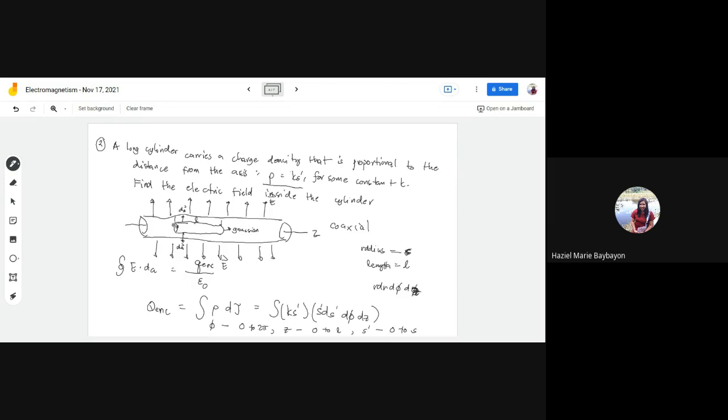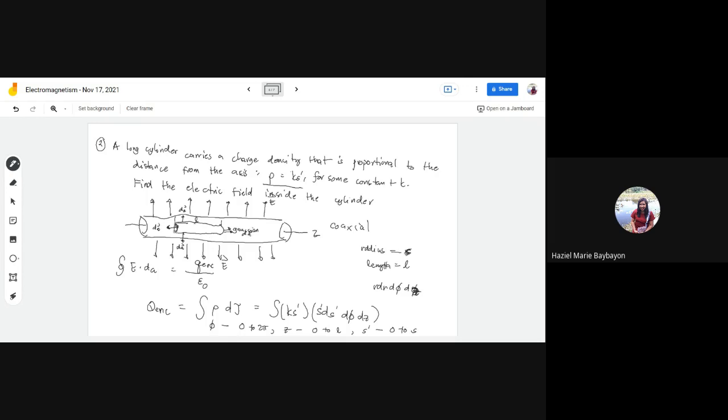Whereas on the bases, your dA is perpendicular to the electric field.